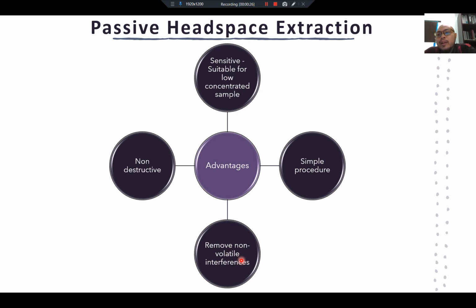Of course we will also have interference, for example polar but volatile compounds, but we can at least remove non-volatile interference. The method is also non-destructive, so basically you can extract again and run again.